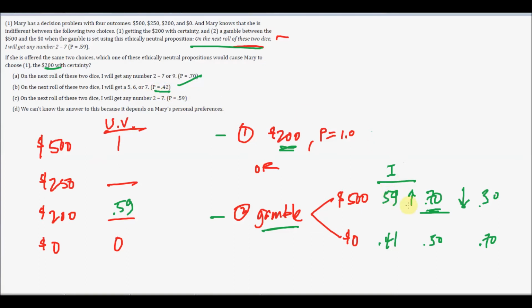Here, the gamble's getting riskier from where we started. So if it goes down to 0.42, we know that she's going to choose the 200 with certainty. This gamble's too risky, she'll take the $200. So the answer is B. Here, if it's 0.59, then that's where she's indifferent. She doesn't care what she gets. So the correct answer is B.